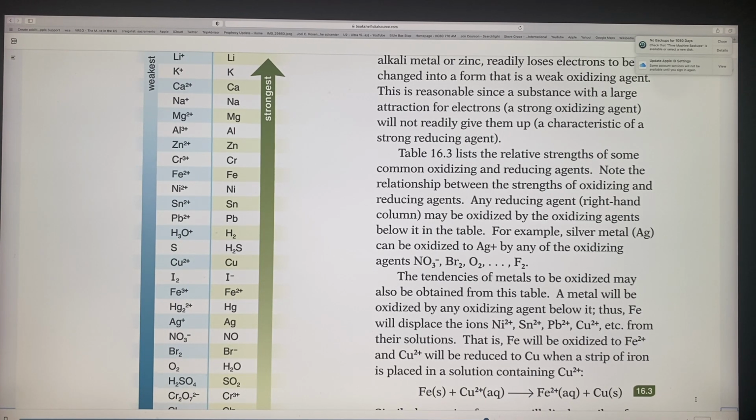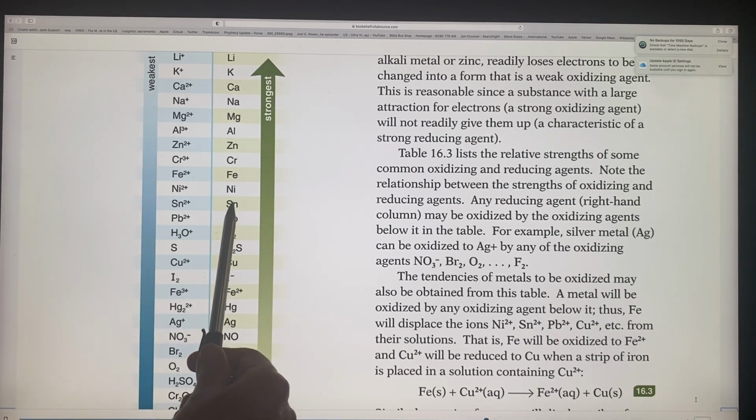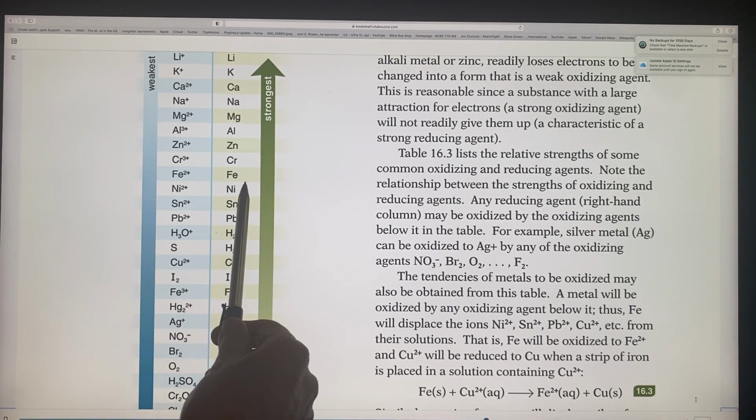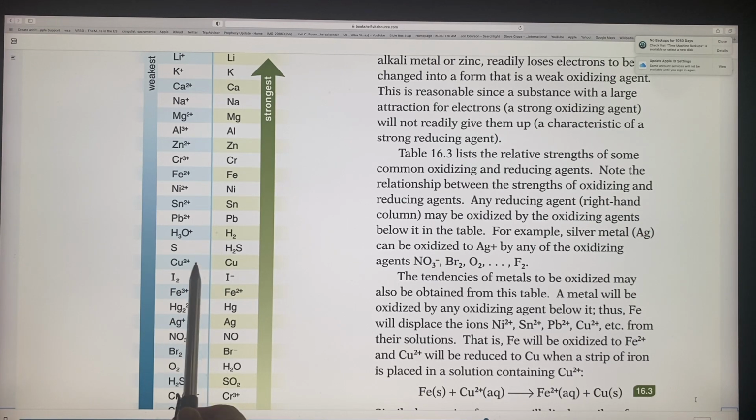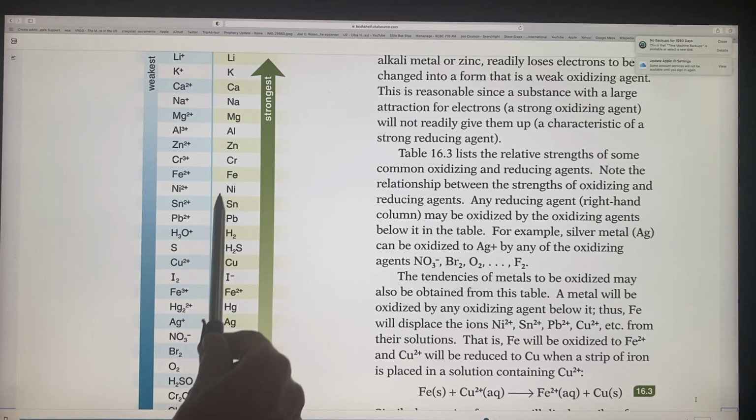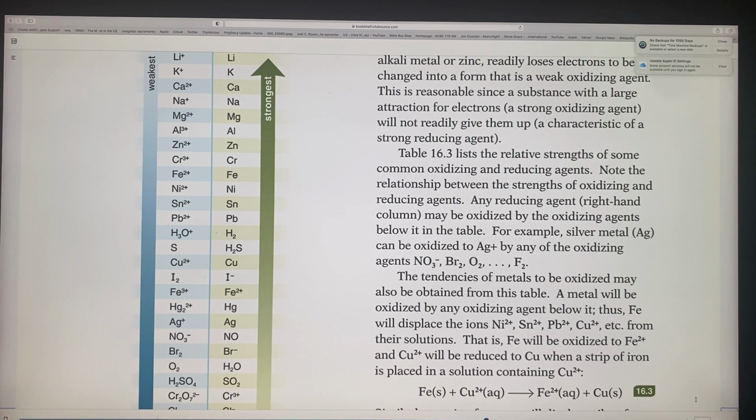Just remember that iron, Fe, will be oxidized, and copper will be reduced to copper when a strip of iron is placed in a solution. So if you take a strip of iron and place it in a copper solution, will it be reduced or not? Let's look and see. Here is iron. Let's look where copper is. Copper is below it. So yes, it's going to reduce. They're going to have a reaction because copper is below it.